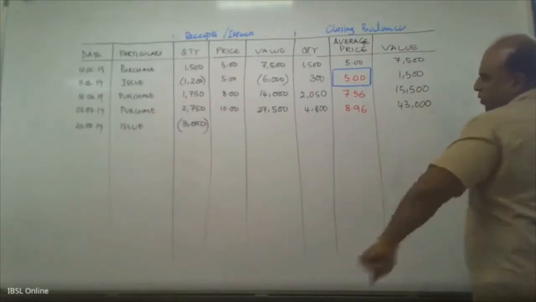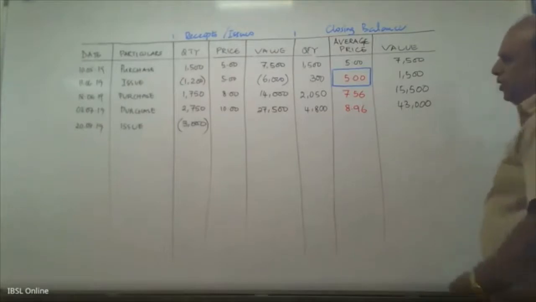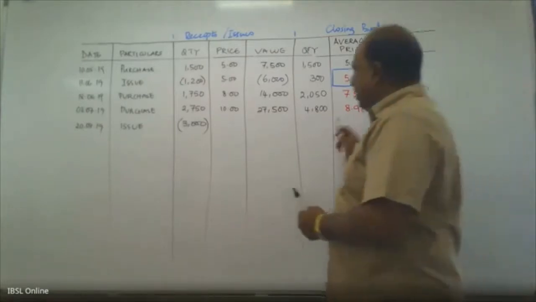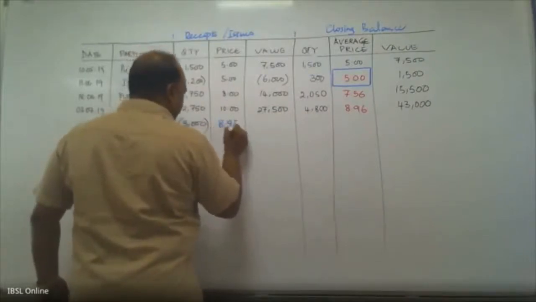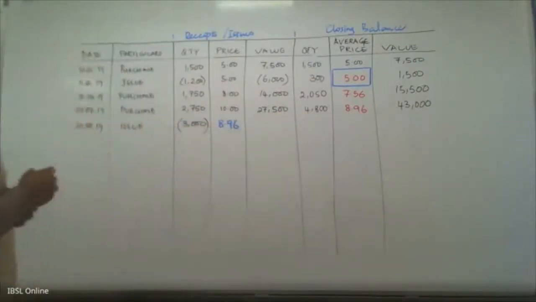So from this only I am going to issue, which means I have to make use of this 8.96 here. I'm using different colors to make you understand. So I will make use of this 8.96 to make the issue. What is that value now? 8.96 into 3,000 units.